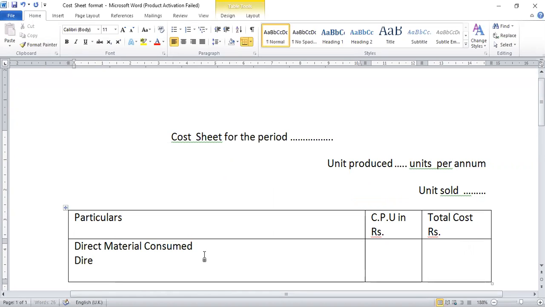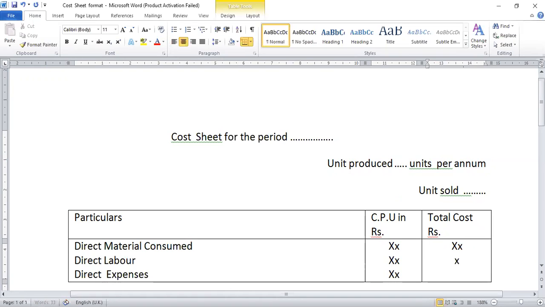Then second one is direct labor. Third one is direct expenses. So direct material, direct labor and direct expenses. Okay, the total of which is known as, this is per unit total, and this is your total cost.